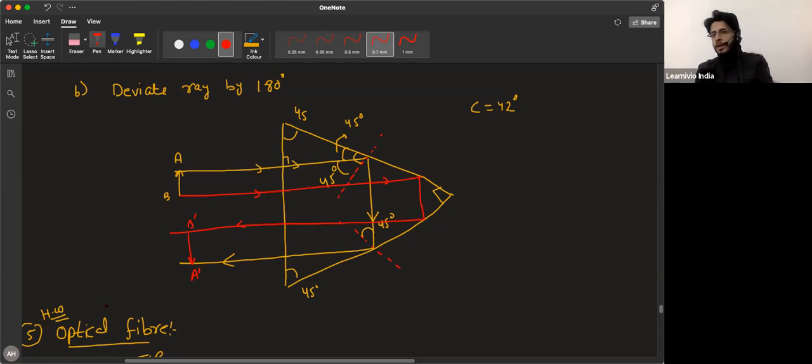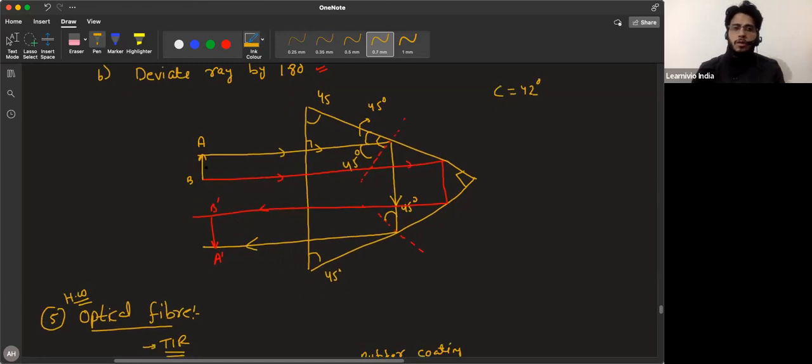So a prism can deviate a light ray by 180 degrees. The image of the object gets flipped by 180 degrees. So this is deviation of a ray by 180 degrees. If you're taking an object, then the image gets inverted. You get an inverted image. Do it.